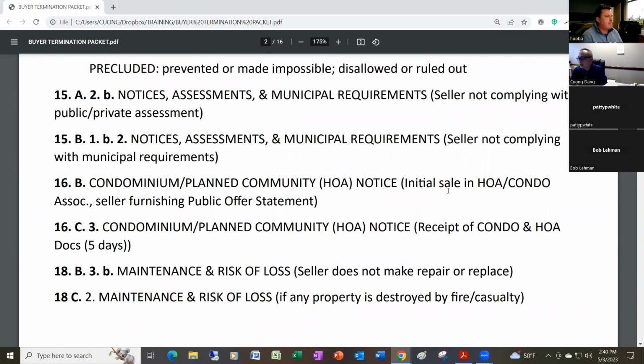Any questions? Yes, I have one. Go ahead, Patty. Okay, so this happened to me. The buyers terminated and they wanted us to sign the paper saying they would get their deposit money back, but there was no deposit money.